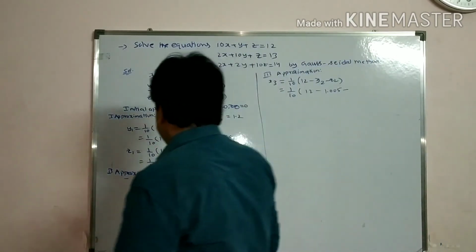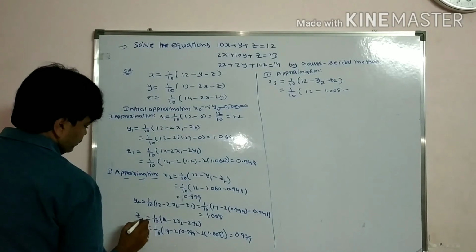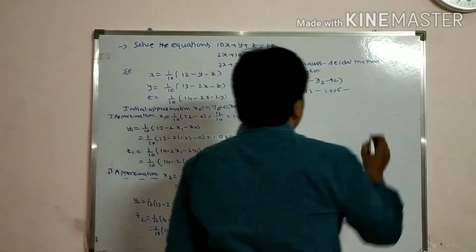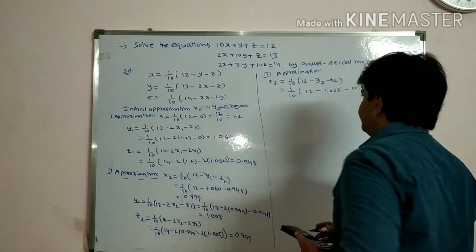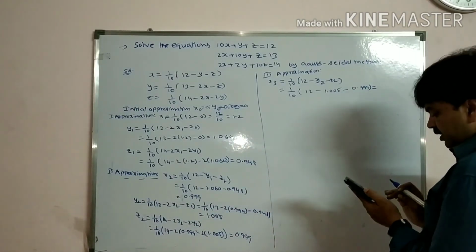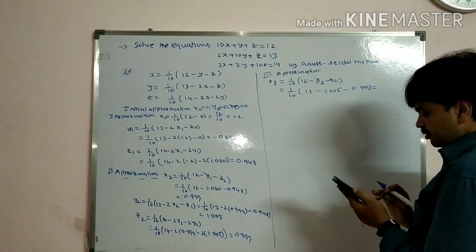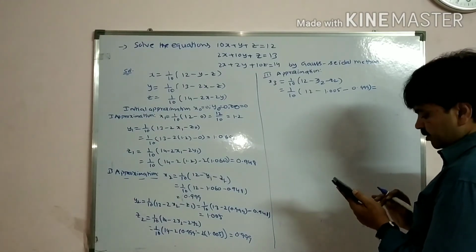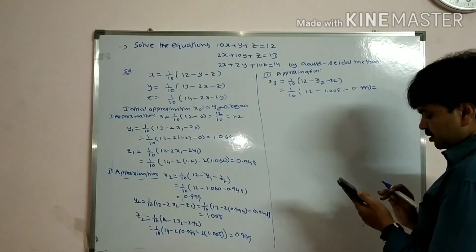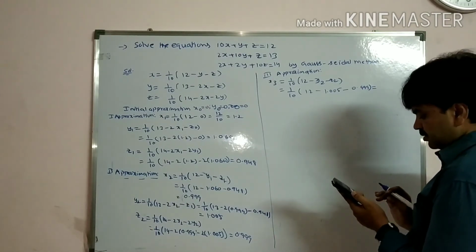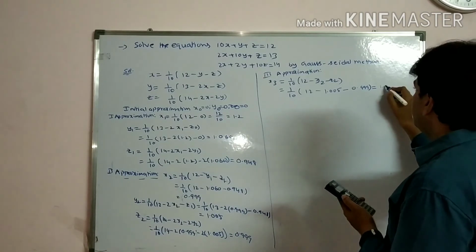Z2 is 0.999. So that is equal to bracket 12 minus 1.005 minus 0.999 bracket close divided by 10. So that is equal to, we get here 1.000.